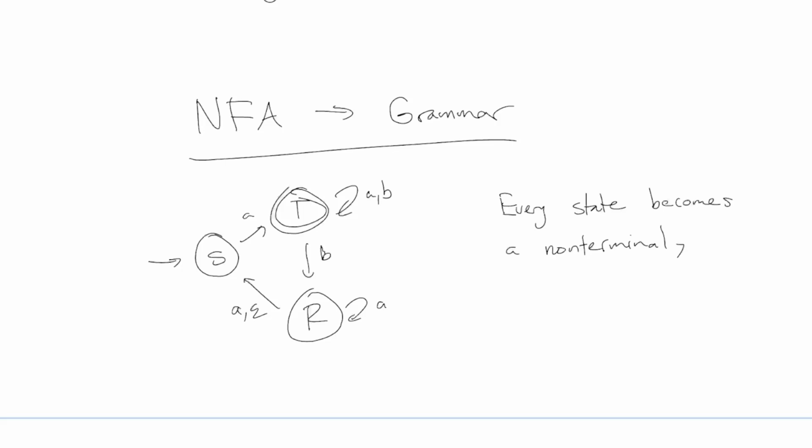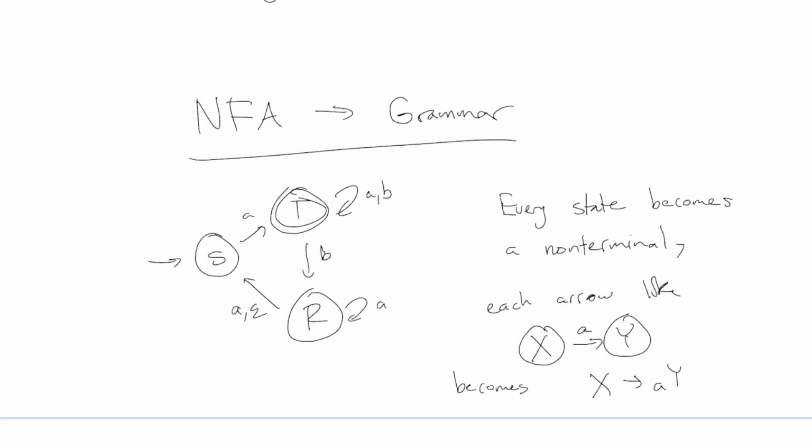And then each arrow that looks like X with an a going to Y becomes a grammar rule: X goes to aY. And it turns out if you do that, you get a grammar that is equivalent to the original NFA. Let me try and convince you that that's true.